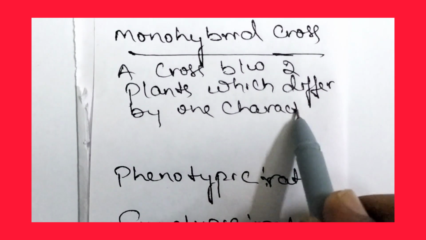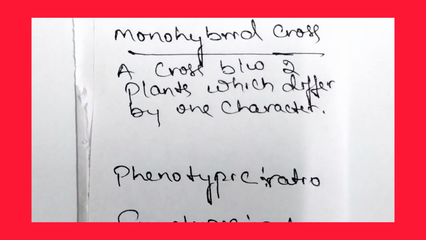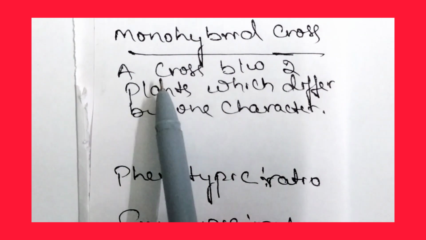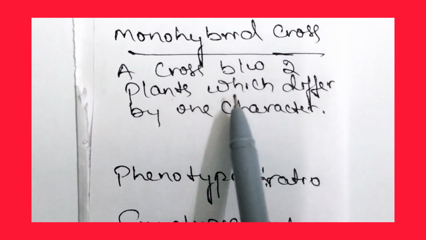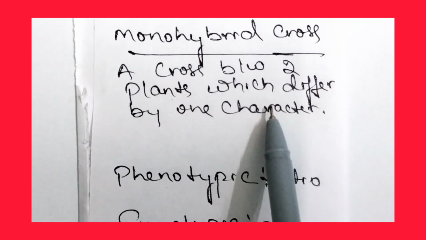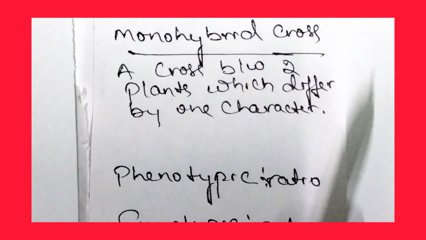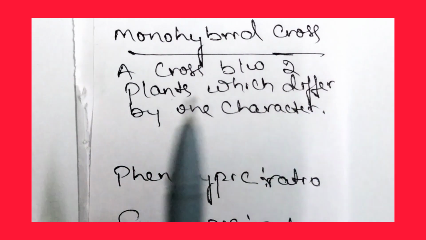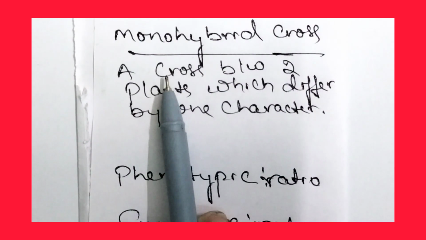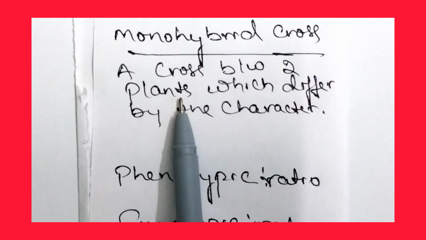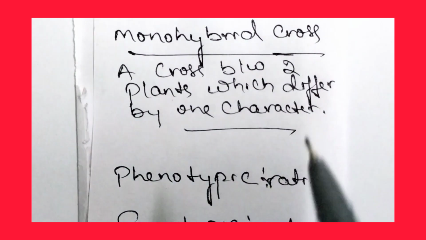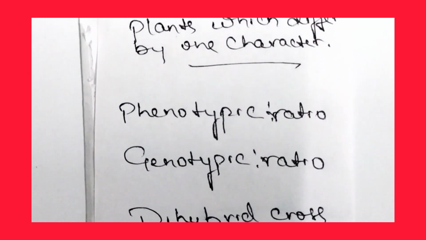If there is a difference in one character, we call it a monohybrid cross. So it may be a tall plant or a dwarf plant. A cross between 2 plants which differ by one character is called monohybrid cross.